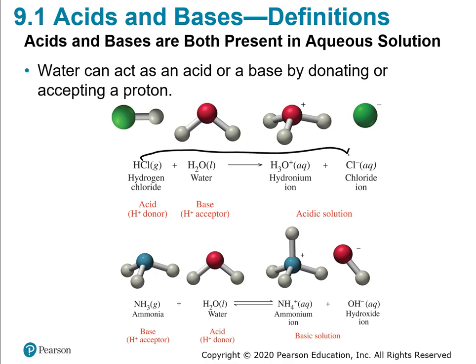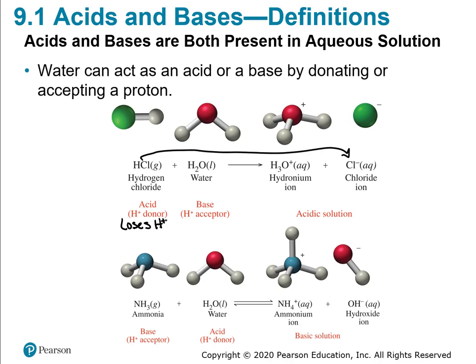That is why they say it's a hydrogen donor. I always think it loses it. So the acid on the reactant side loses the hydrogen on the product side.